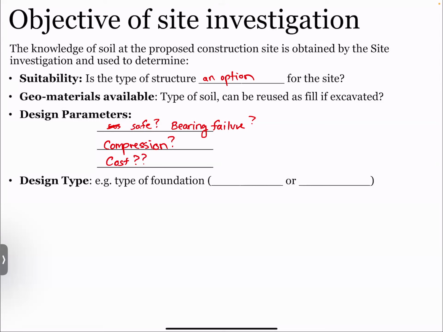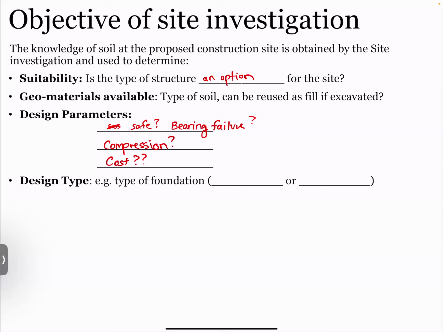So we'll talk about what bearing failure and compression are first, but just think of settlement as compression. If the whole structure is going to settle because the soil is compressed, or is the structure going to tip over or fail because of bearing failure? That's shear failure. That's when the soil actually slides out, like in a landslide or a slope failure. And of course, the cost too. Is this something that is even applicable for us?